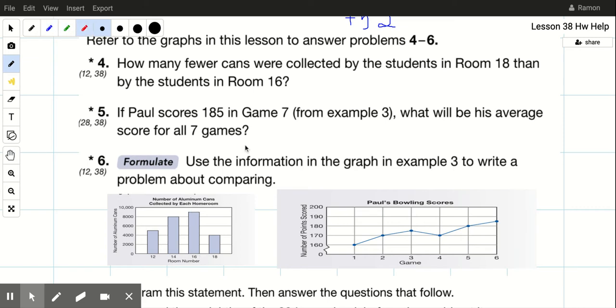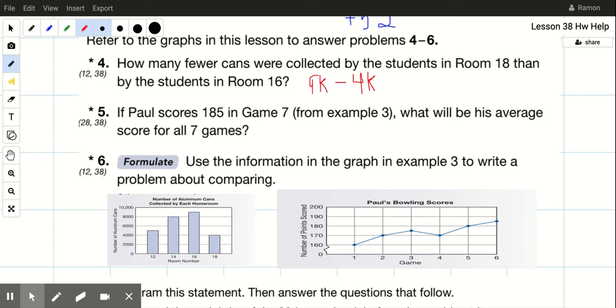For room 16, it looks like we have about 9,000 cans. If you watched the practice set, you know that we're using K for 1,000 instead of writing the 3 zeros. Room 16 is 9,000. Room 18 is 4,000. So all we're really doing is subtracting to find how many fewer cans.